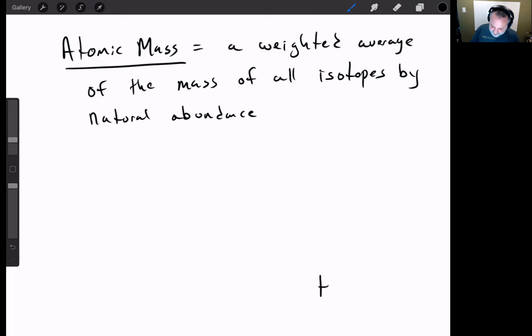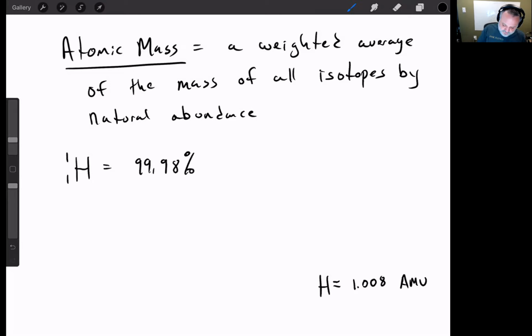So if you look at the periodic table, you get that the atomic mass of hydrogen is 1.008. And for now, we're going to use AMU. So let's see how this works. I don't actually know the natural abundance of hydrogen. I'm just going to guess that hydrogen 1 is 99.98%. Hydrogen 2 is 0.017%.